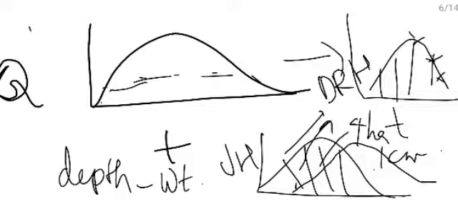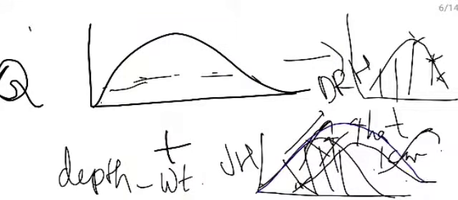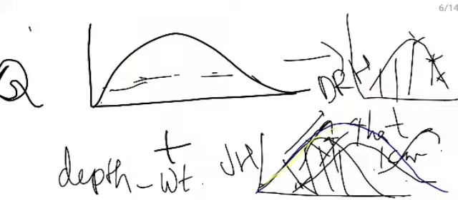Whatever depth is recorded for the first 4 hours, multiply the coordinates with that depth. For the next 4 hours, multiply the coordinates with that depth. Then what you have to do is sum up all the coordinates to get the new hydrograph, which is the flood hydrograph we require.